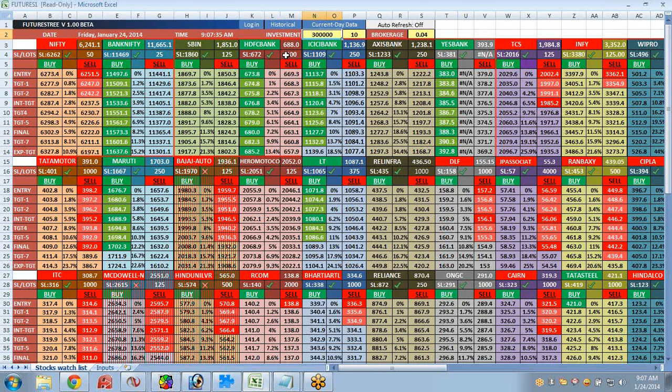Now let's say this again purely depends on your sub-broker who's giving you the exposure and the investment that you have for trading on futures. And the prices whatever you are seeing here are all cash market prices. So that is very important for you to remember.